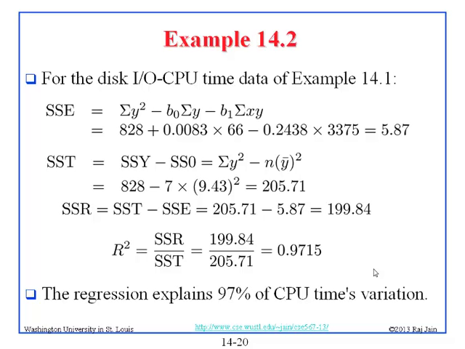So the point to notice is that if you didn't know x at all, then the best you could do is give the mean, and then your errors would add up to 205.71. Now that you have x, your errors add up to only 5.87.